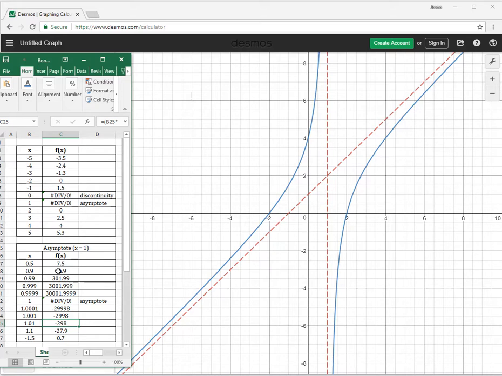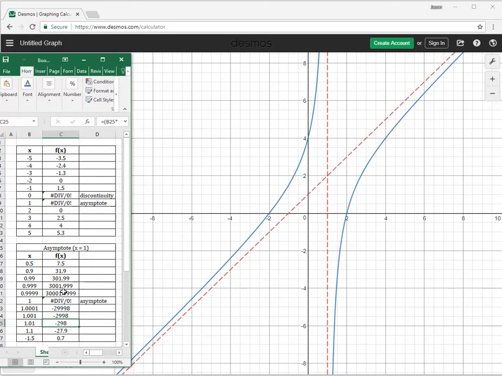Again, just to point out, for instance, with the asymptote, as we approach, so let's see here, we're at 1/2 and then we're going closer to 1. You can see that we're going up on this side of the rational function, and it is going toward positive infinity.